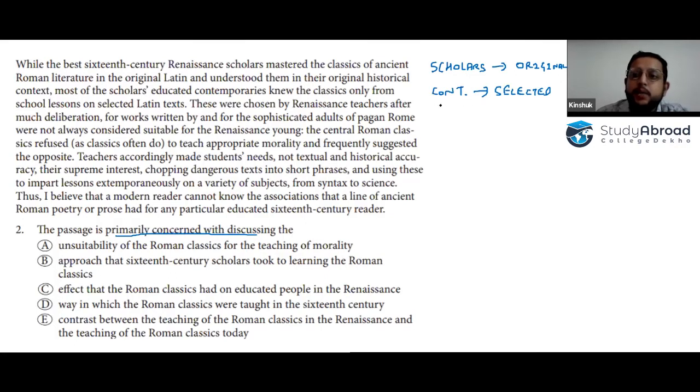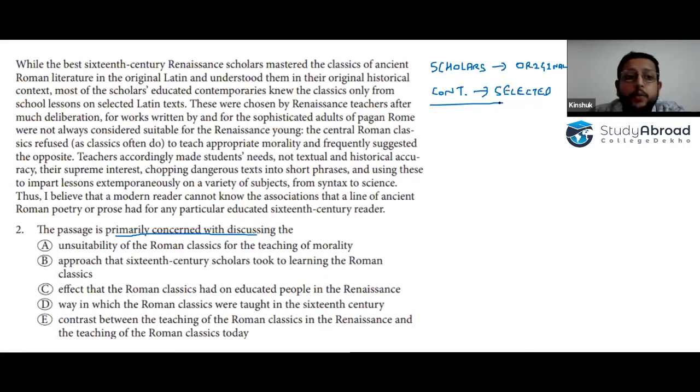Now let us continue with the next sentence. Next sentence says, these were chosen by the Renaissance teachers after much deliberation. So what were chosen by the Renaissance teachers? The selected lectures, right? So then it says, why was it done? For works written by and for sophisticated adults of pagan Rome were not always considered suitable for Renaissance young.